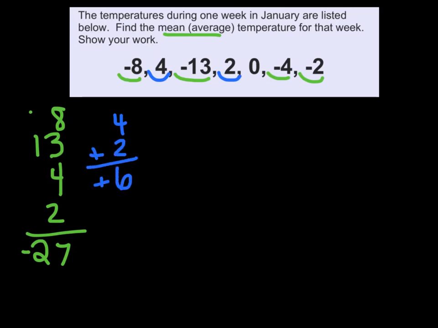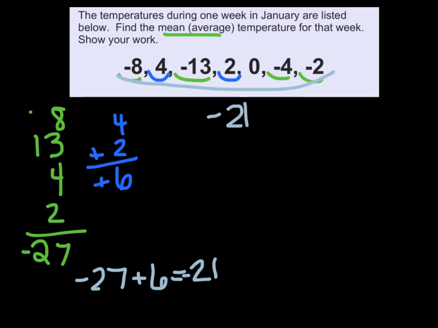So now I can combine my positives and my negatives. So I have negative 27 plus 6, and I get negative 21. So what I just did there, guys, is I added up all these numbers, and I got negative 21. Okay, so that's the sum, and now we need to divide by how many numbers there are.